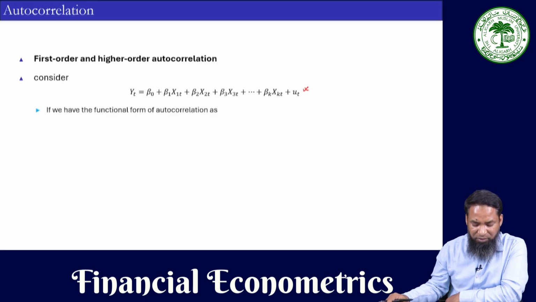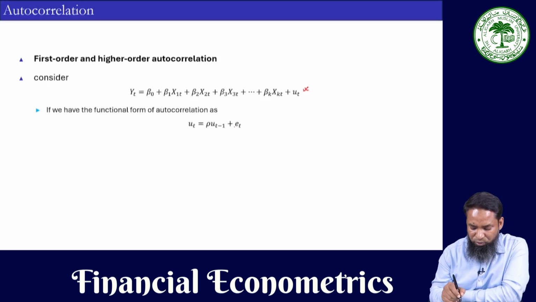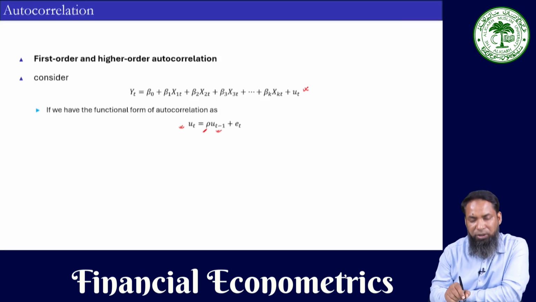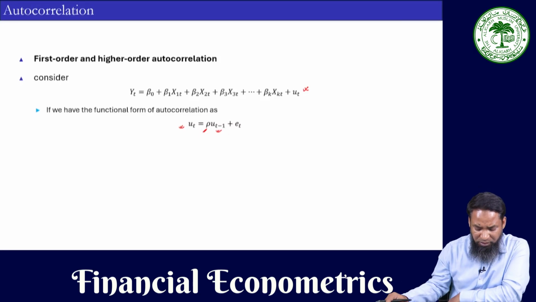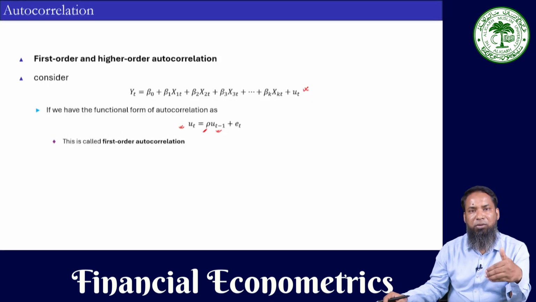Now, if we have the functional form of the autocorrelation as ut equal to rho ut minus 1 plus et, so basically ut depends on ut minus 1. Here rho is what we call the correlation coefficient between ut and ut minus 1, and in the linear regression it is nothing but the slope coefficient. Now, if that is the case, then this is called the first order autocorrelation.